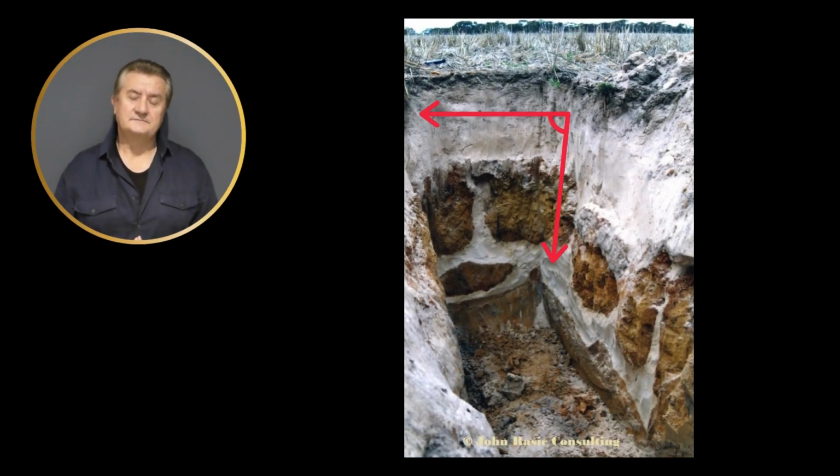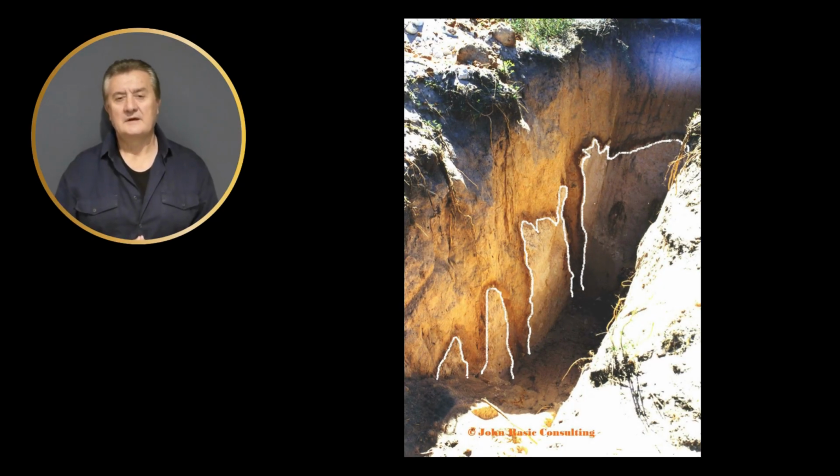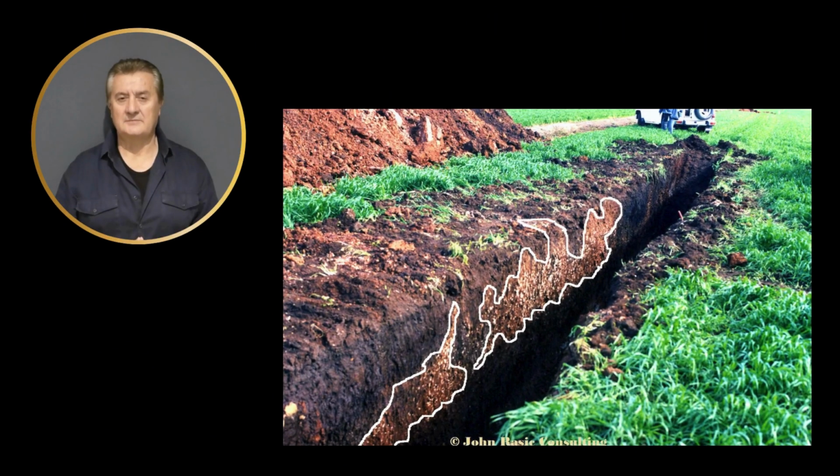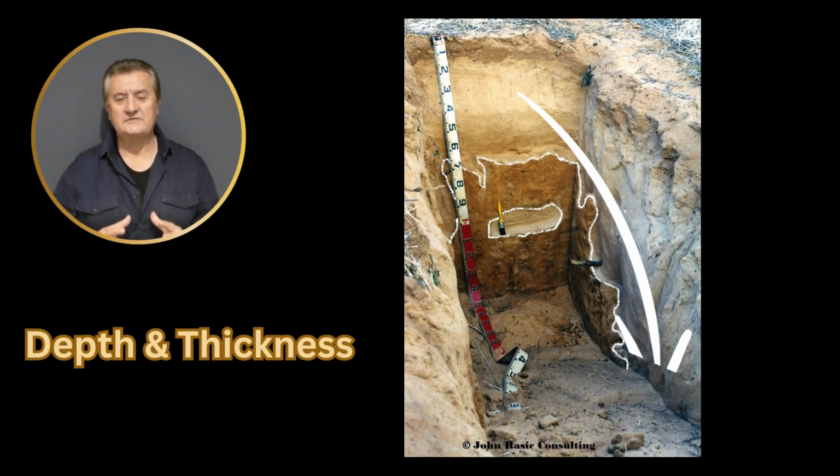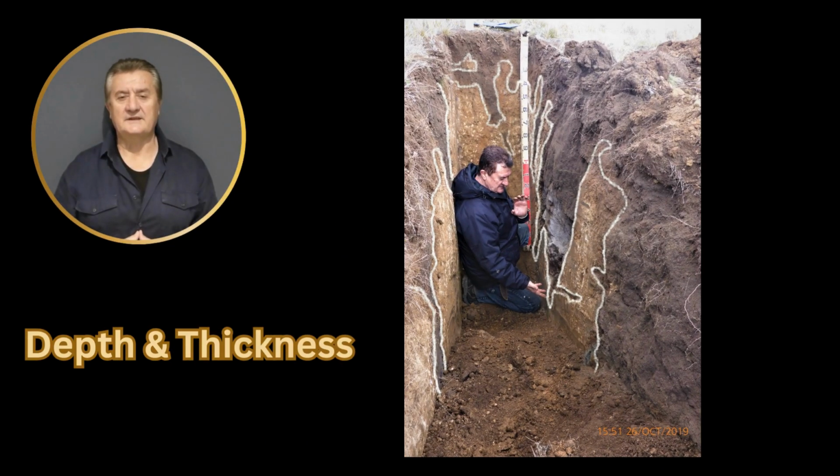Hi guys, in part 3, Talk to Your Soil, I showed you why remote sensing soil maps are inaccurate, because they cannot measure the most simple, the most fundamental soil parameter, which is the depth and thickness of a particular soil layer.